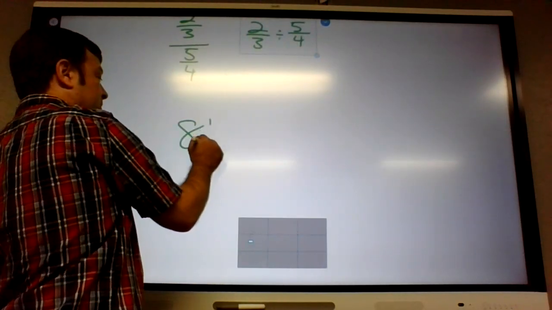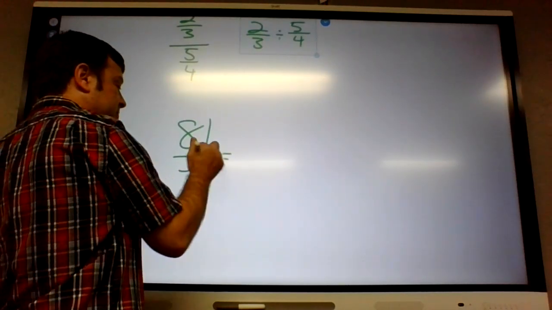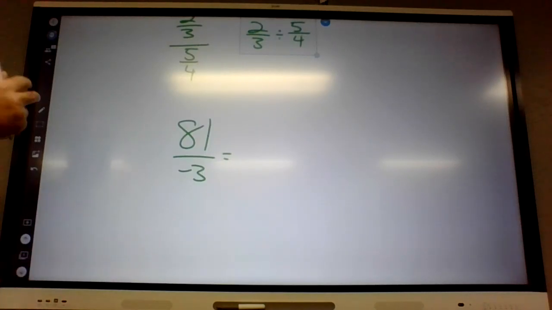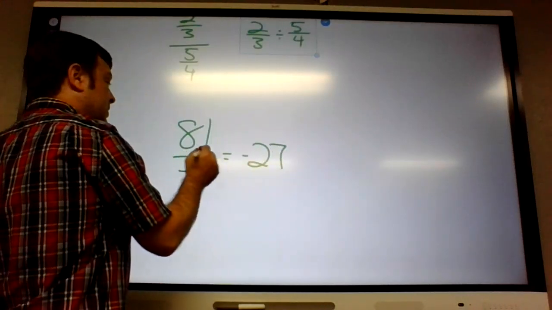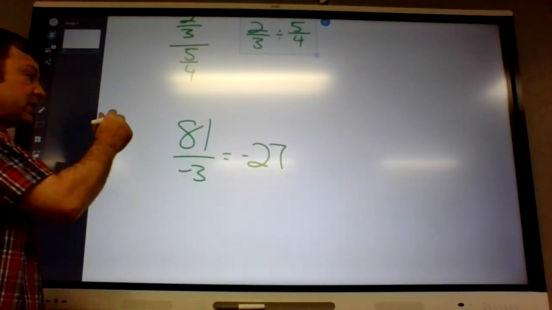Yeah, you can use the division bar or division symbol. 81 divided by -3 is what that means. Does anybody know what that one is? Negative 27. Okay, that's 29.